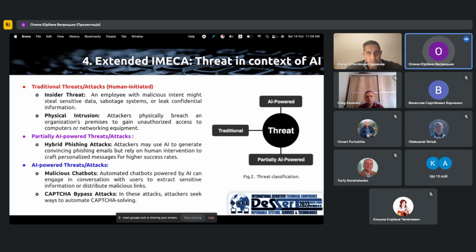When we create some countermeasure or feature, we need to understand if it's possible to crack your system via AI technology. Okay, now I understand. So the IMECA technique just needs to take into account the new environment related to AI, but it's not the technique that IMECA is based on. Okay, now I understand.